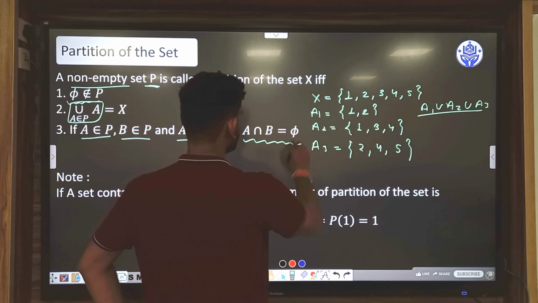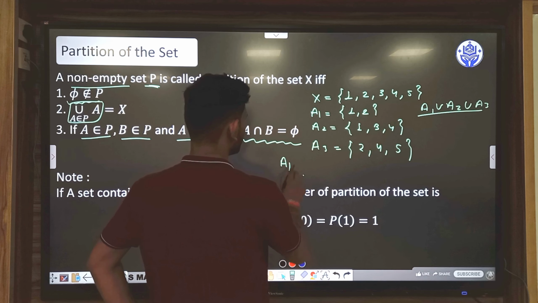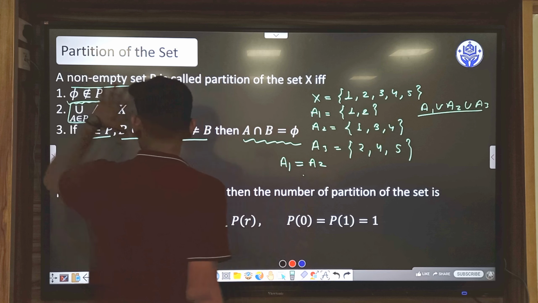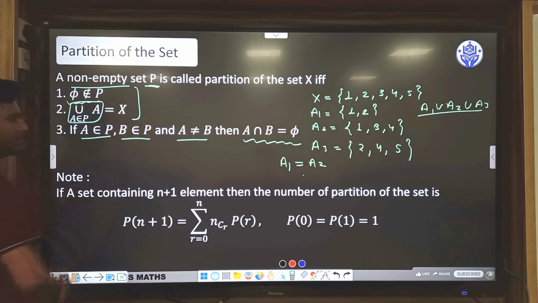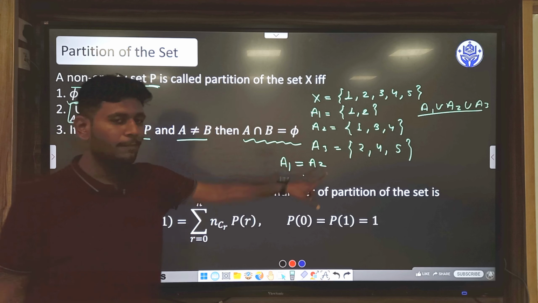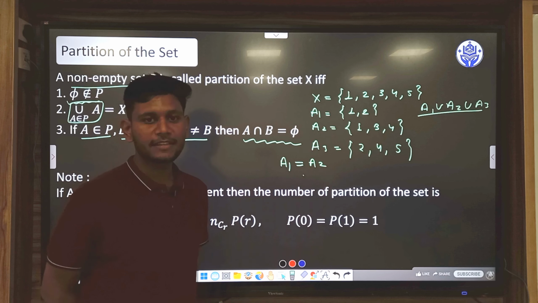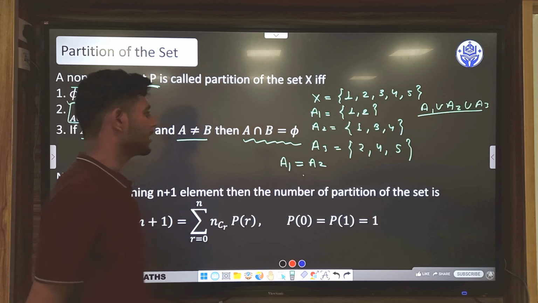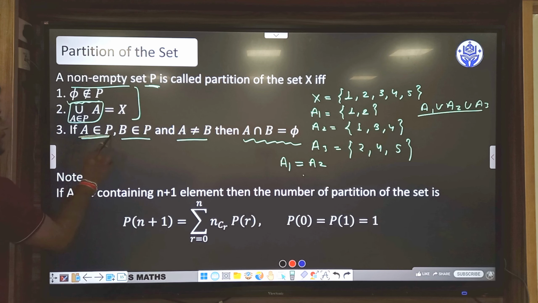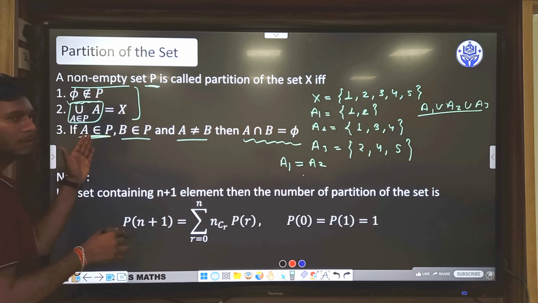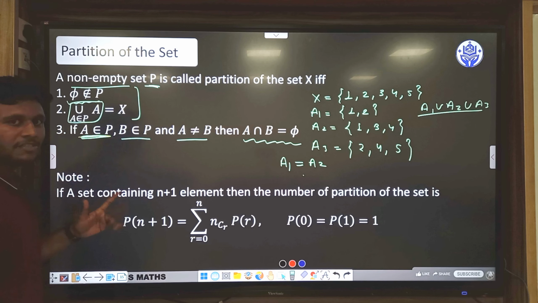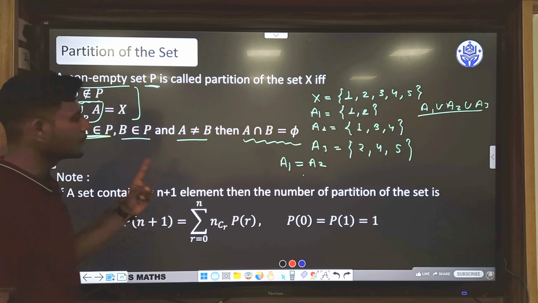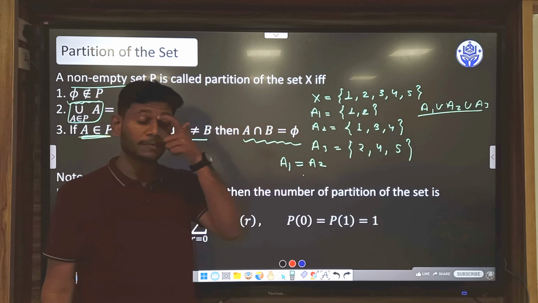According to these two results, these are partitions, so this is fulfilling this. But there is one more point: if A belongs to the set of partitions, B belongs to the set of partitions, and A and B are not equal, then the intersection should be phi.